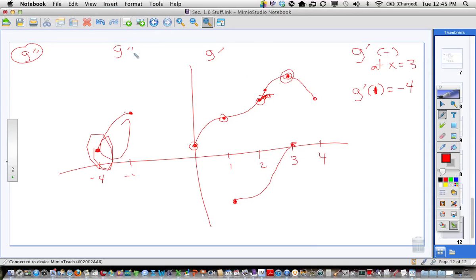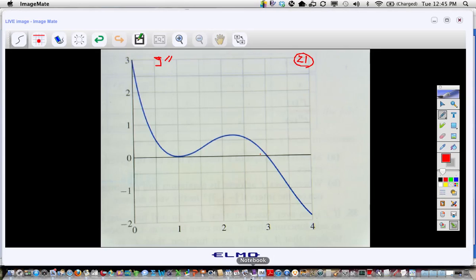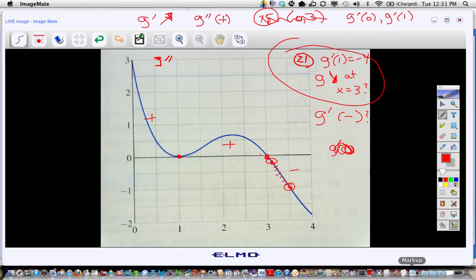G double prime will tell me that story. So here's G double prime right here. What do you think? It's there. Everything we need is right there on that graph to tell us how fast that G prime graph is going to go up.